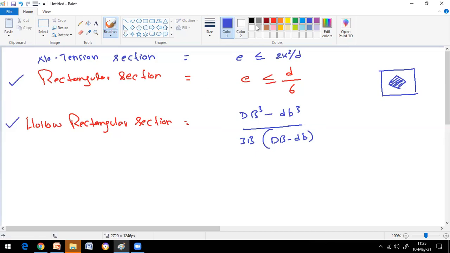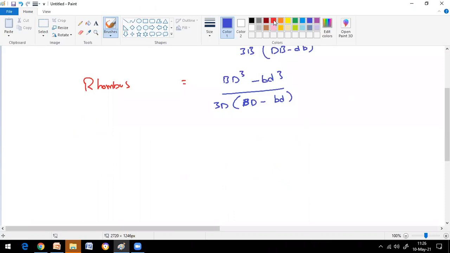In the same way, how will it be for a rhombus? Because the rectangular and rhombus will be almost similar, so it is 3d of (BD minus small bd), right? Okay, for the next one, circular section: E should always be less than or equal to d by 8.